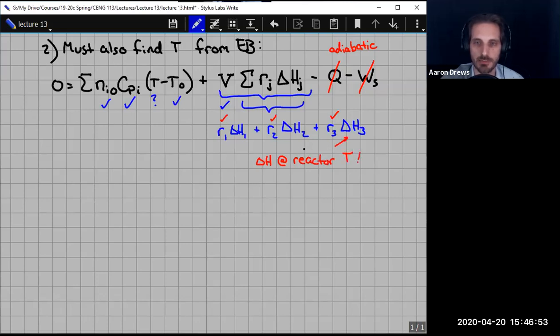So this delta H and this delta H, those are the enthalpies of reaction at the reaction temperature, or at the reactor temperature. If you look at the energy balance section of the textbook, each delta H sub J is delta H reference for reaction J plus delta CP times (T minus TR).